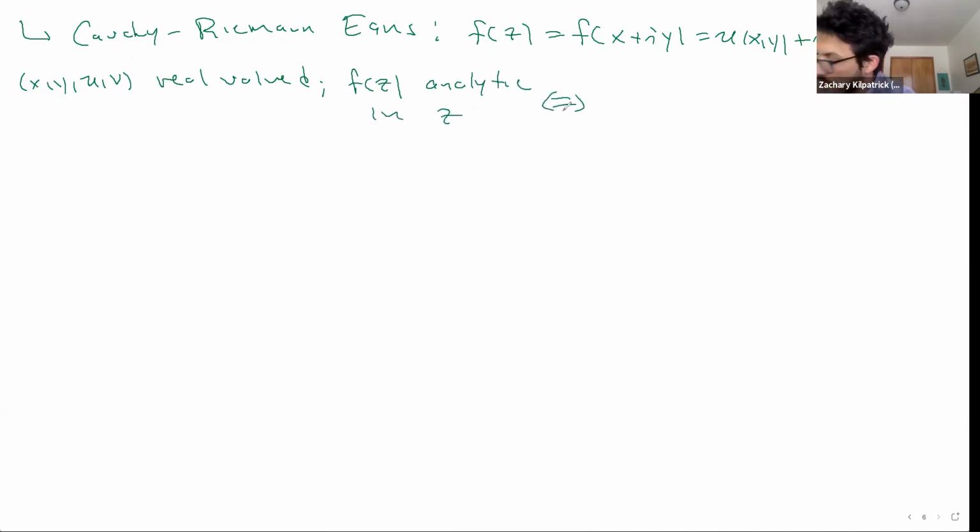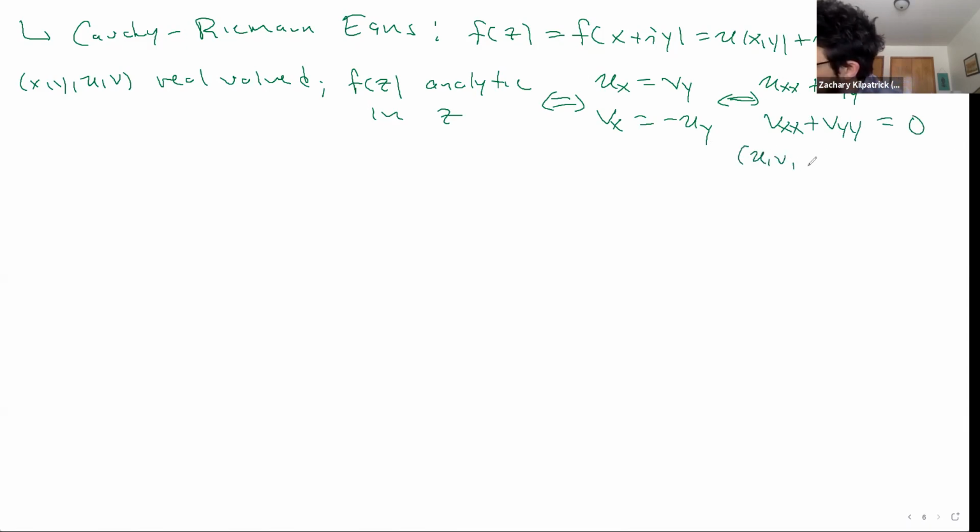Then this implies the following things, that u sub x, the partial derivative of u with respect to x, is equal to the partial derivative of v with respect to y. v sub x is equal to minus u sub y. And taking these things together, I can write u_xx plus u_yy is equal to 0, and v_xx plus v_yy is equal to 0.